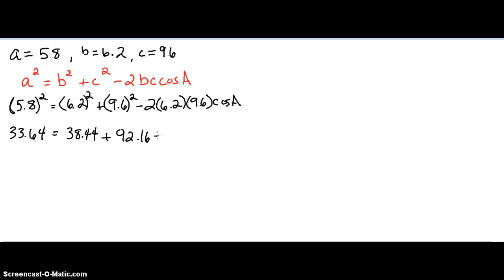And if I do 2 times 6.2 times 9.6, that's going to give me a grand total of 119.04. And we've still got that cosine of A hanging out. If I clean this up a little bit more, I'm going to add those two numbers on the right side of the equal sign. So 38.44 plus 92.16 is 130.6.